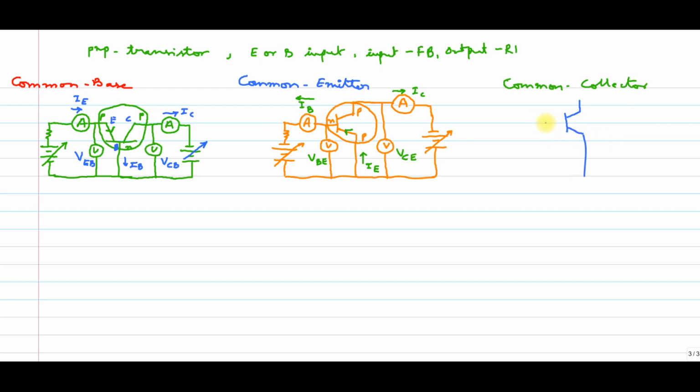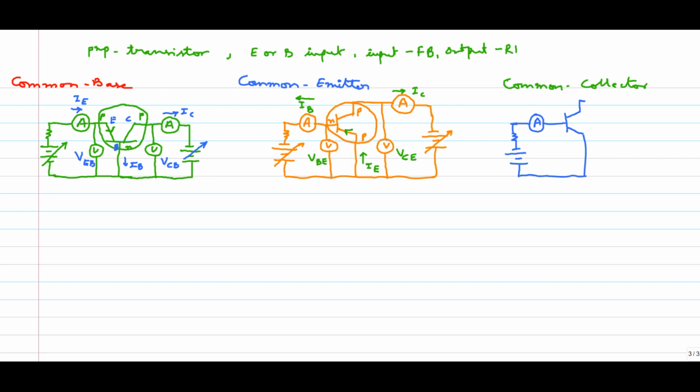This is the base. I am drawing an ammeter here. After that, a small resistor, same thing, it is forward biased, and every time make a note that emitter should be connected to positive.